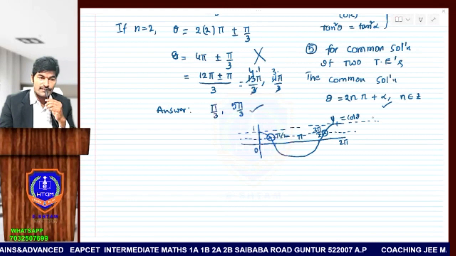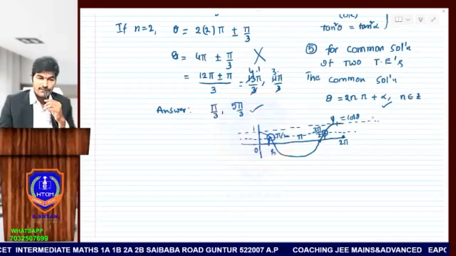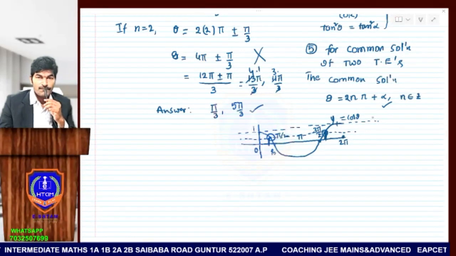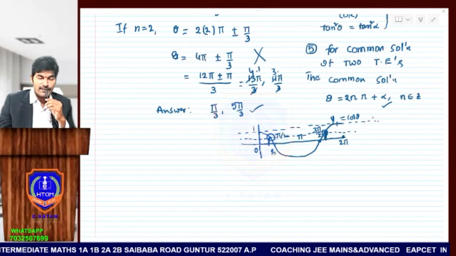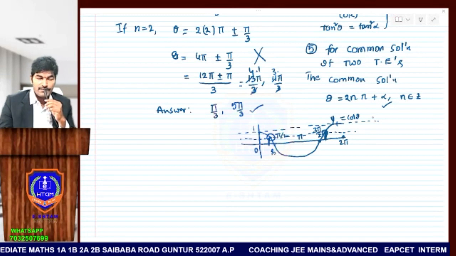Those solutions are these values. This is 90 degrees. Below 90, one solution exists, this one. And above pi, this is 3 pi by 2, above 270 and below 360, one solution exists, this one. In this way, or you can also get the value.